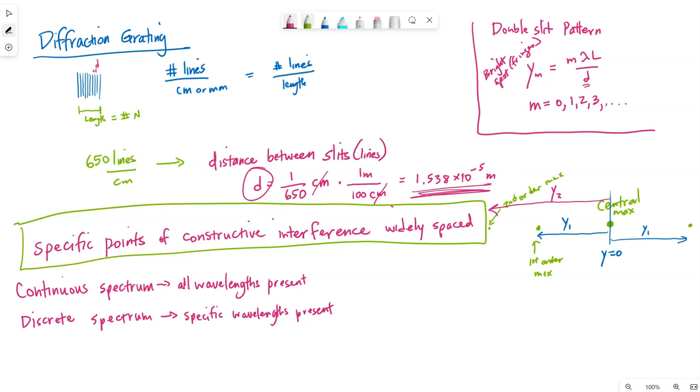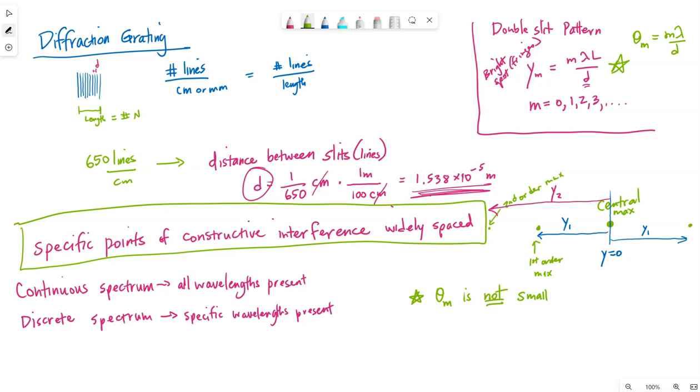The biggest difference here is that our angles, when we talk about a theta sub m, are not small. In our equations for the single slit and double slit patterns, theta sub m was m lambda over d for the bright fringes.